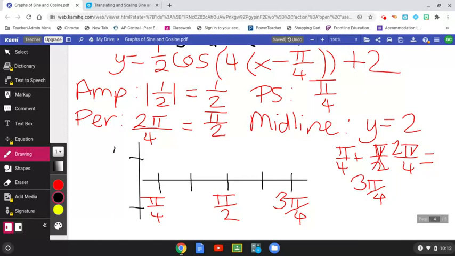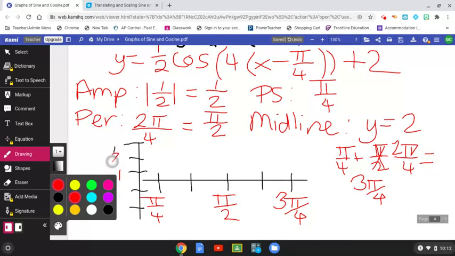So let me put a few more tick marks here on my y-axis. And I think for my y-axis, even though the amplitude is 1/2, just to show you the midline, I'm going to label these counting by 1.